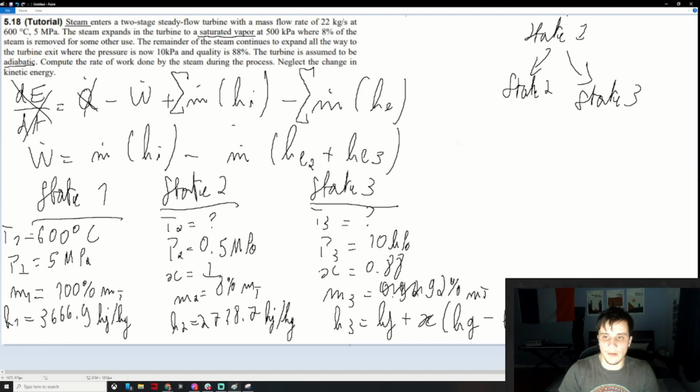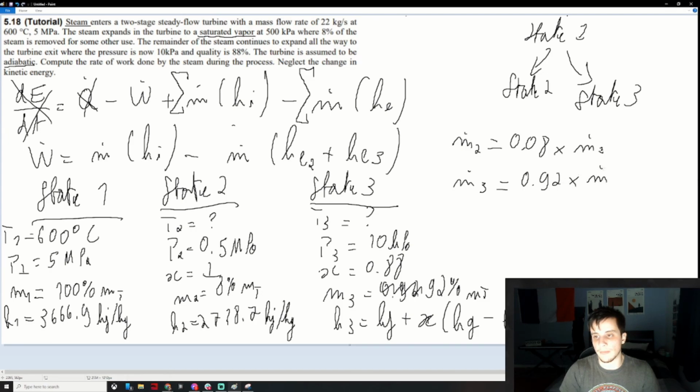So we can say that m dot 2, the mass flow rate in state 2, is equal to 0.08 times m dot, total m dot, or m dot 1 if you want at the first state. And then we do the same with m dot 3 for state 3. It's going to be 0.92 times m dot 1 in state 1.